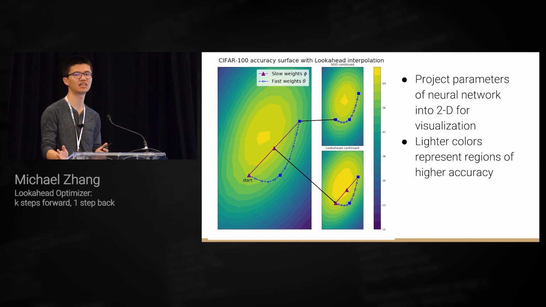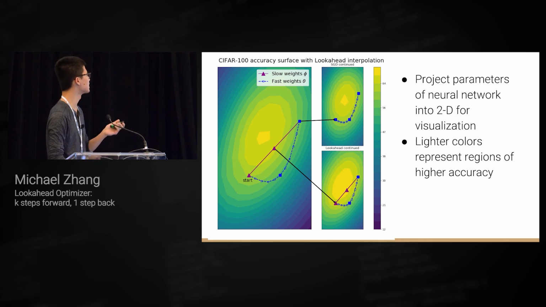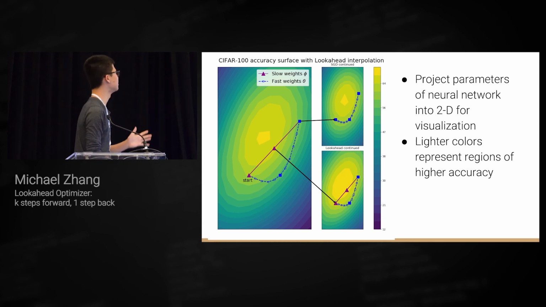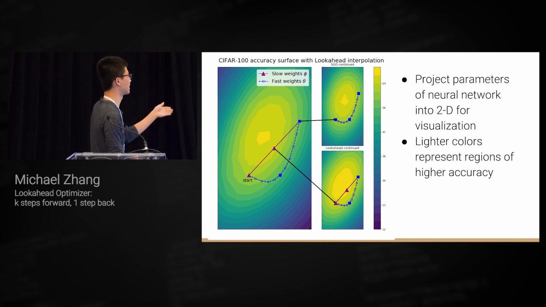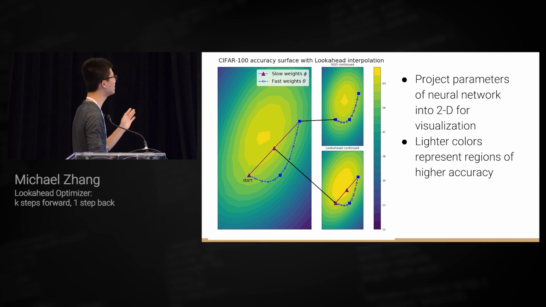So we project everything onto these 2 directions, and we can visualize the test accuracy along these 2 contours. What we can see is that as you take the k steps forward with your inner optimization algorithm, you're actually at a region of lower test accuracy, but along this interpolation direction, we get a region of higher test accuracy. If you continue forward with SGD, you're again sort of circling around the minima, whereas if you do the Lookahead step again, you get to a region of even higher test accuracy.